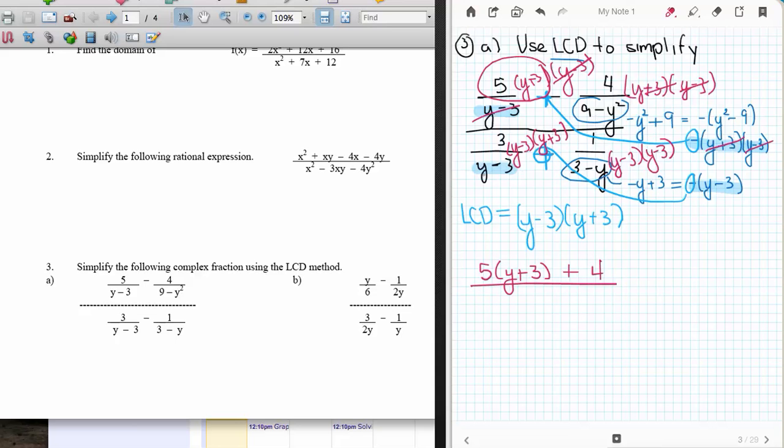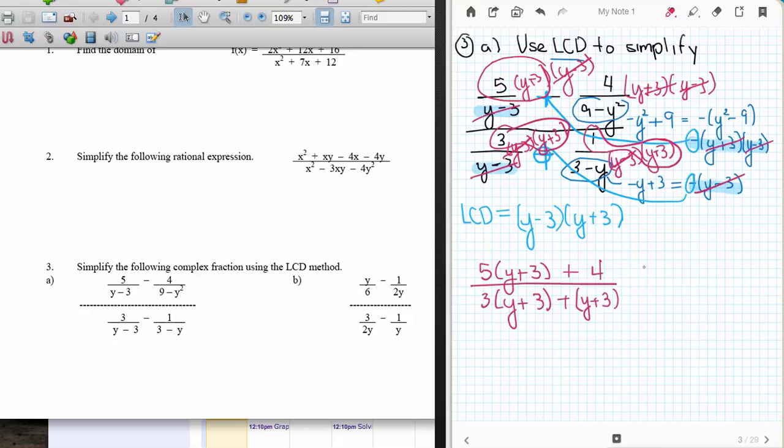And then in the denominator, the y minus 3 cancels with the y minus 3, leaving me with 3 times y plus 3. And then plus, and then here the y minus 3 cancels with the y minus 3, leaving me with y plus 3. Now remember there was a 1 there, so it was y plus 3 that I got left with.